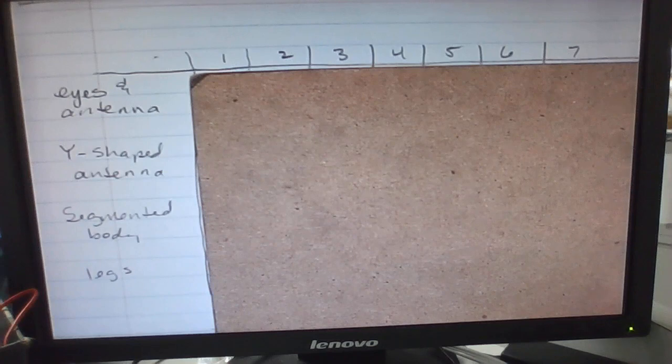And then across the top, 1, 2, 3, 4, 5, 6, 7, that just represents essentially the names of those critters. It doesn't have to be a perfect data table. We're just getting some information on there, and we want to organize that information.